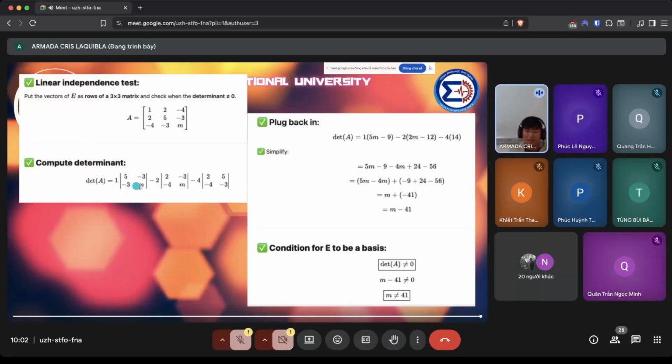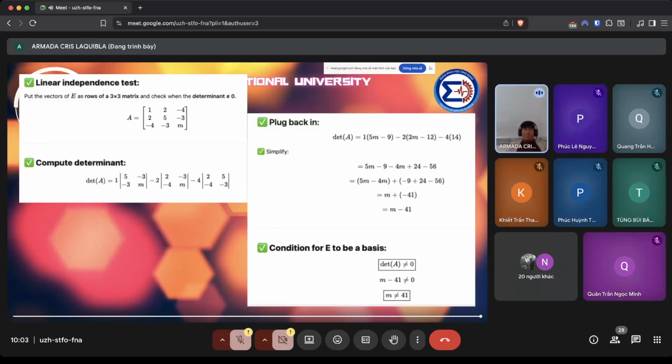So we solve the determinant for this one: 5m minus negative 3 times negative 3, so positive 9. So we have minus 9 there. Minus 2, copy minus 2, and then this one 2m minus multiplying this, it's 12. And then minus 4. Okay, 2 times 3 here, it's negative 6, minus negative 20, because you have there negative 4 times 5. So negative 6 becomes plus 20 there.